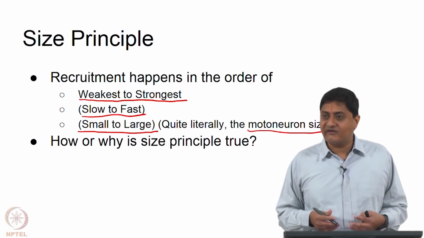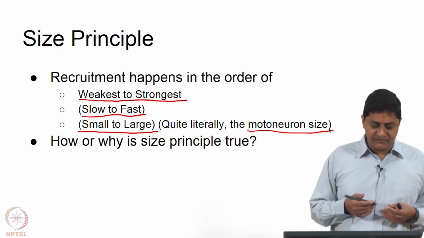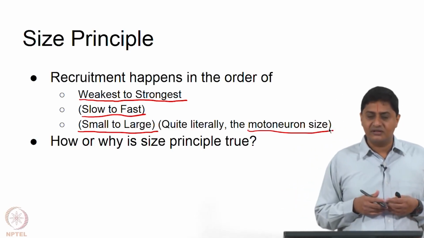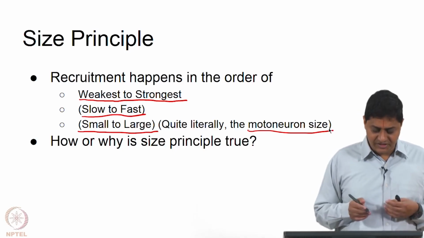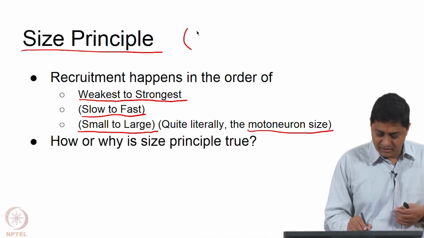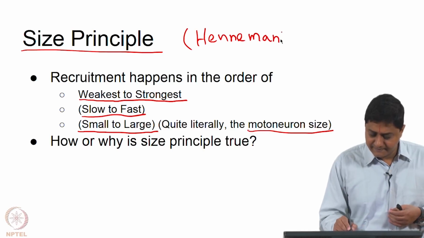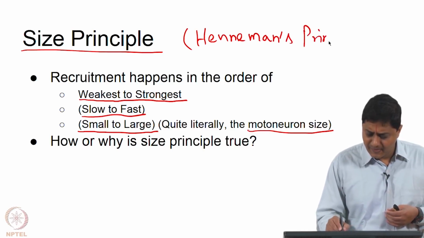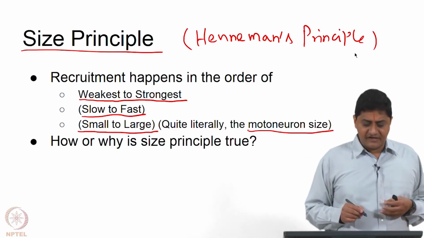These motor neurons have larger diameters, they are literally big. We said that recruitment happens in the order of size from the smallest to the largest. This principle is called the size principle, or Henneman's principle, proposed by Elwood Henneman in the 1950s.